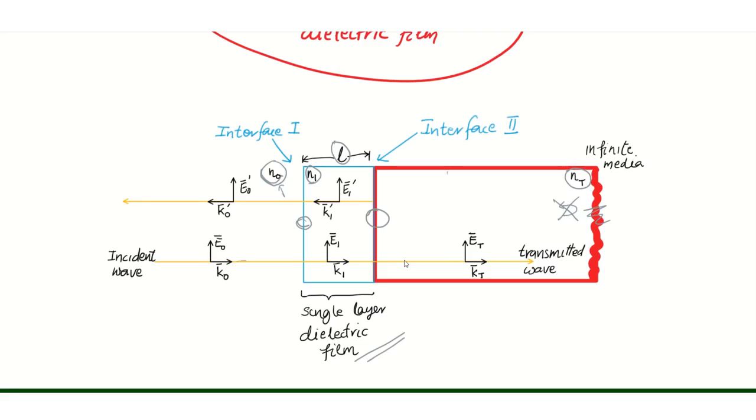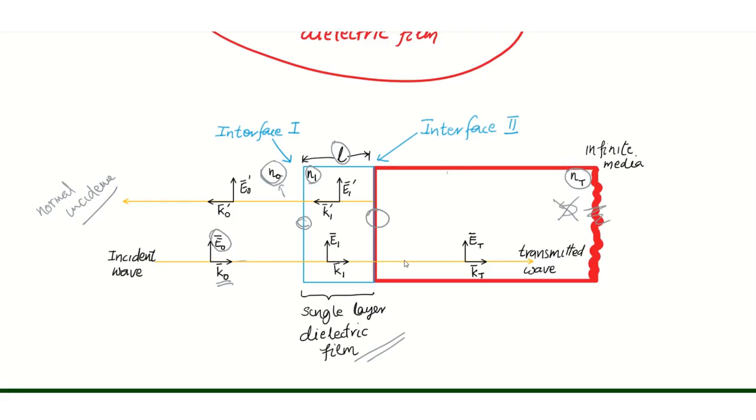Okay, this is the case of normal incidence. That makes things easier to apply the boundary conditions. Let's say K0 represents the wave vector of the incident wave, and E0, which is perpendicular to K0, represents the electric field of the incident wave.